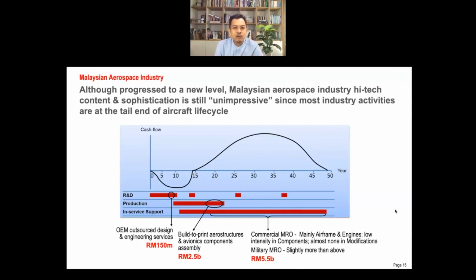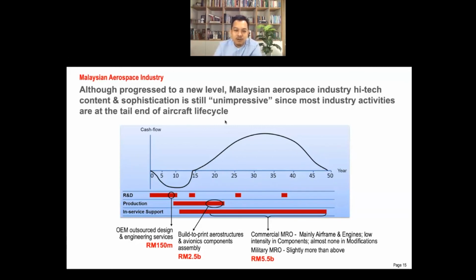But it is still not enough. So what we can say here is, although Malaysian aerospace industry has already progressed to a new level compared to 1997, right, its high-tech content and sophistication is still unimpressive. So we have achieved a great milestone from 1997 to 2015, and then it is still not enough.